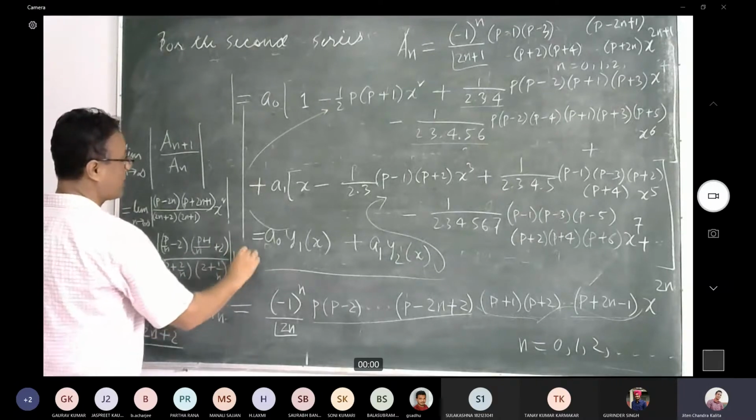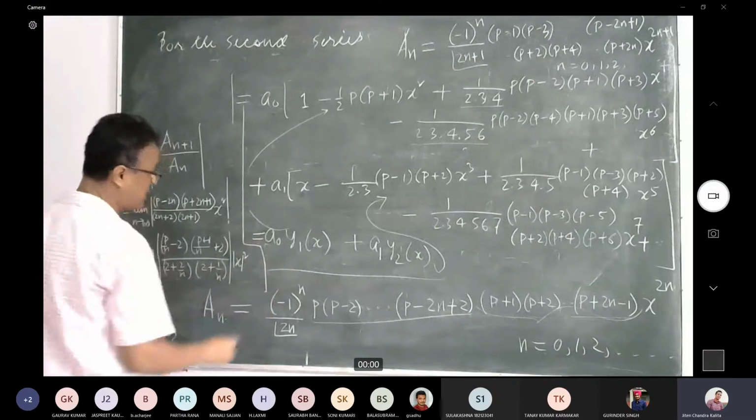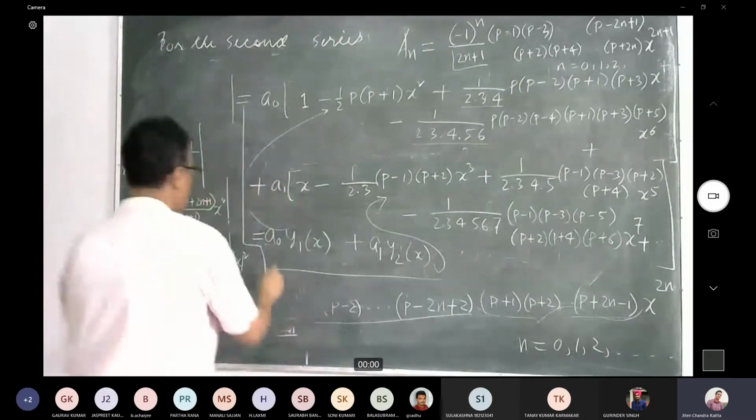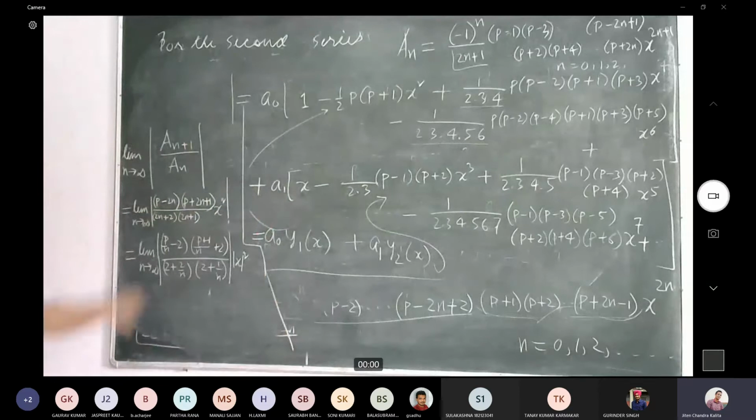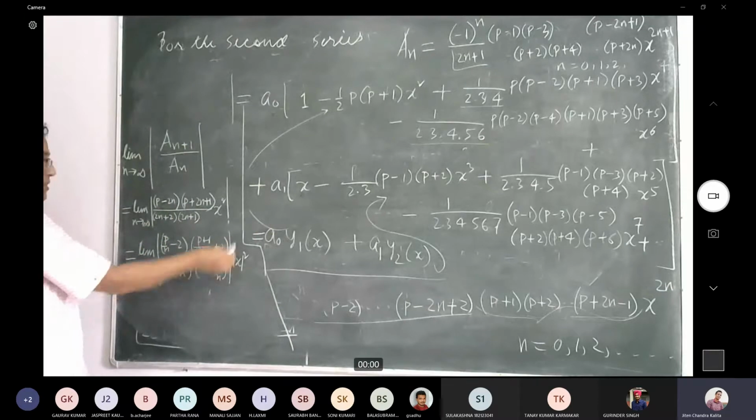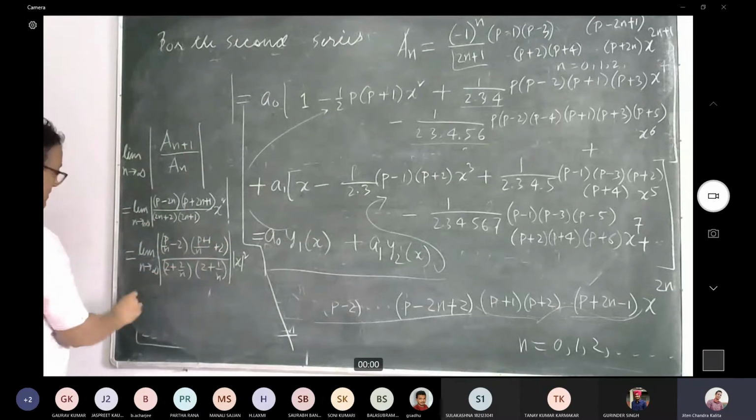And mod of x squared. I'm sorry for this clumsiness, but please bear with me for the time being. Okay, so eventually, because this is absolute value, 2, 2, and again 2, 2. So this is going to give you 1. Is it okay?